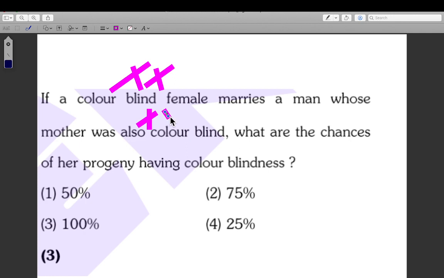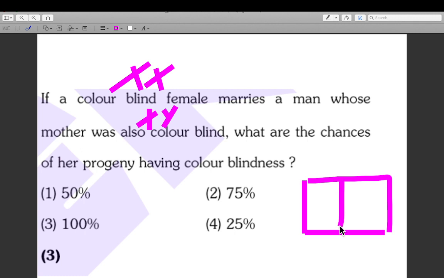So basically बोल रहे हैं कि both the mother and the father are colorblind. So what percentage of the children will be colorblind? So इसके लिए you can draw a 4x4 chart first. If you've just gone through your genetics, you'll know what these charts are.